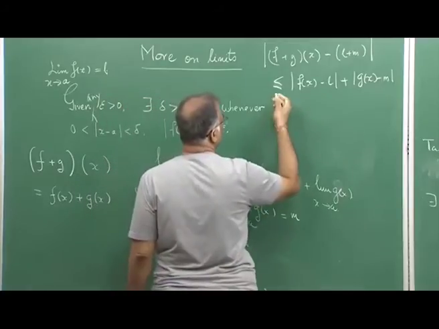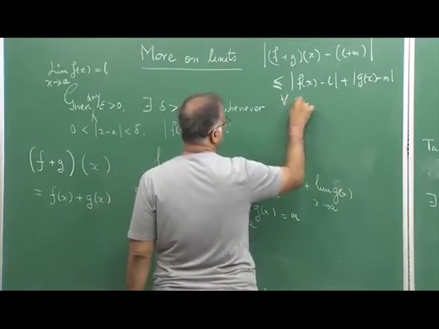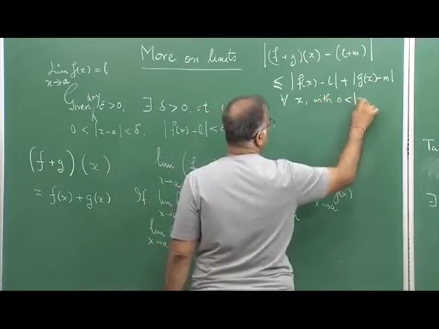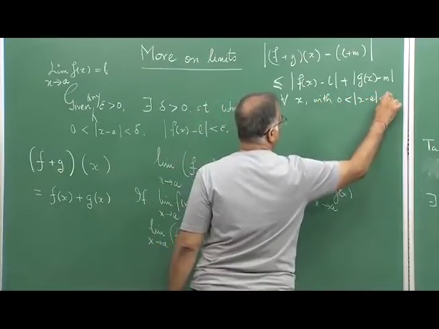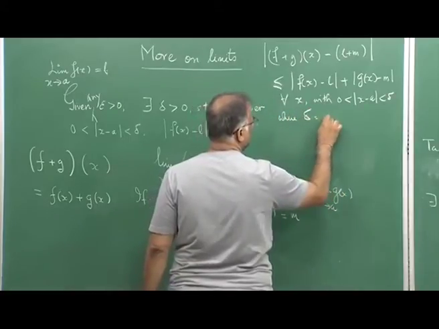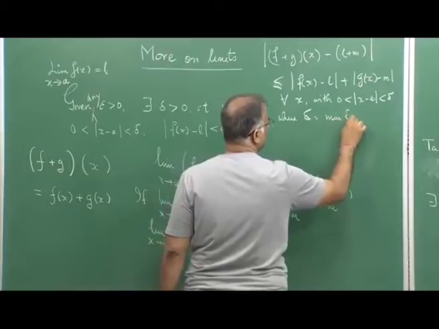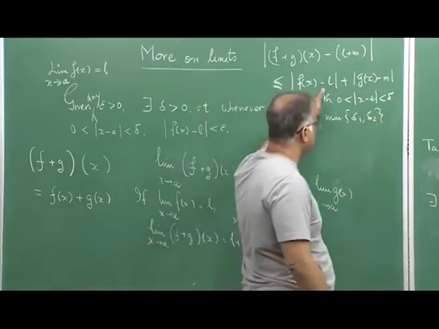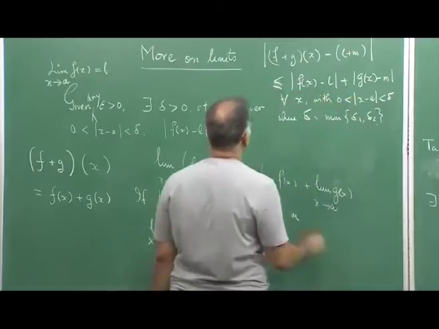So now for all x with |x - a| < delta, where delta is the minimum of delta 1 and delta 2, I know that each of these is strictly less than epsilon by 2.